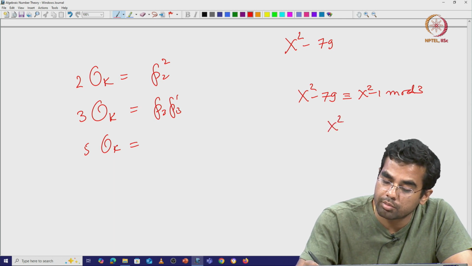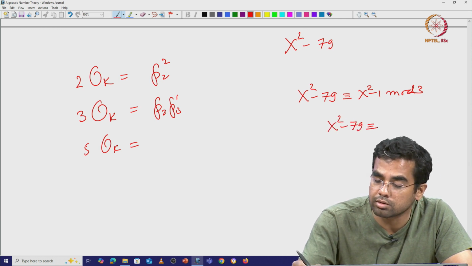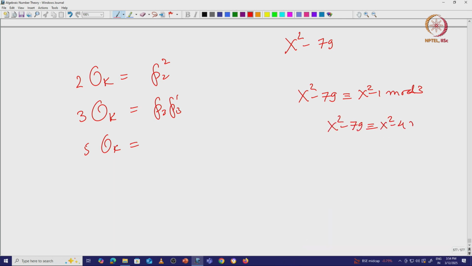And 5 times O_K: x square minus 79 is congruent to x square minus 4 mod 5, which is again reducible. So this is P5 times P5 prime. And 7 times O_K: x square minus 79 is congruent to x square minus 2 mod 7, but 2 is a square modulo 7.